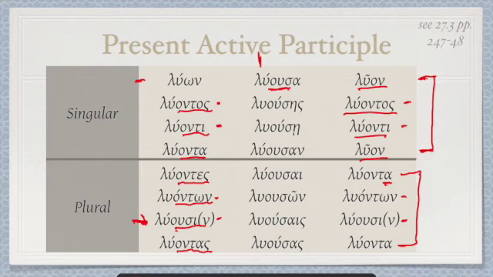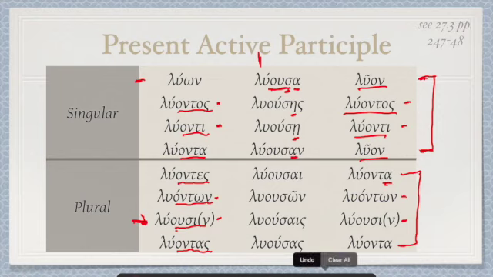And it's going to follow our first declensional pattern. So since we have that sigma here, we're going to get the alpha eta shift in that singular pattern. So λύουσα, λυούσης, λυούσῃ with the iota subscript, λύουσαν, and then the plural λύουσαι, λυουσῶν, λυούσαις, λυούσας.